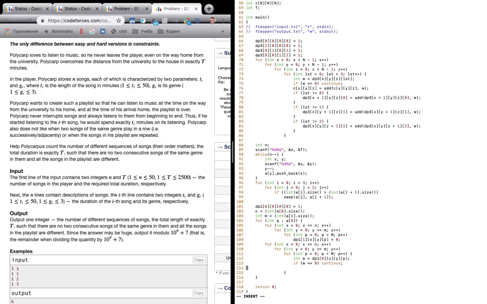So we can take the song and not take the song.